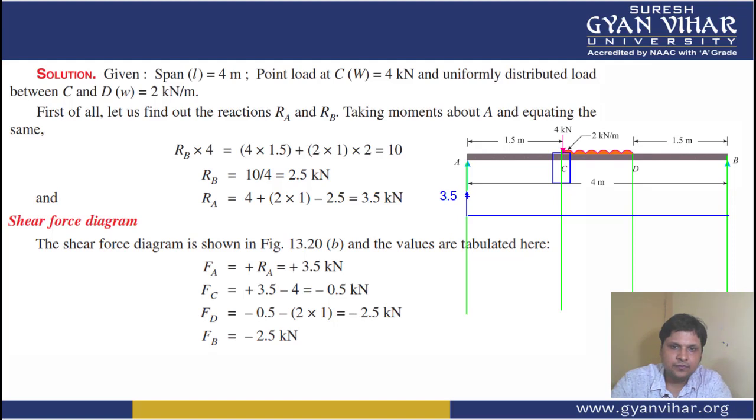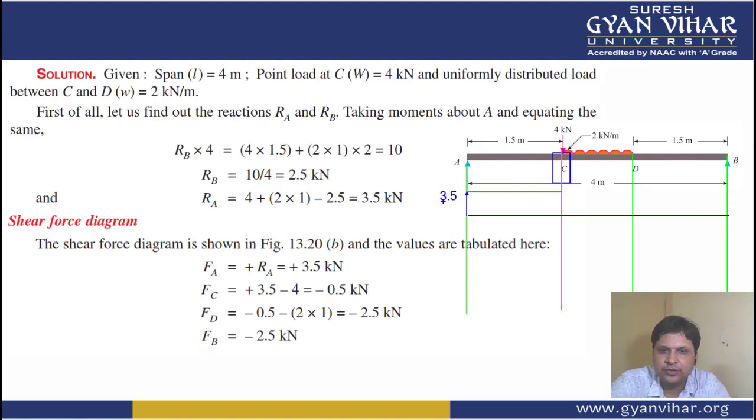Then from A to C, you don't have any load. Then at point C, you have a point load equal to 4 kilonewton. That is going downwards. Downwards is taken as negative when we start from the left hand side. So my plus 3.5 is already there, and minus 4 will be added.